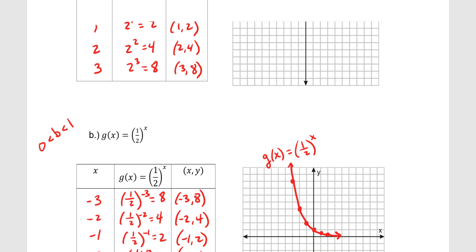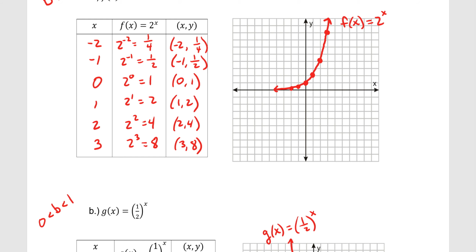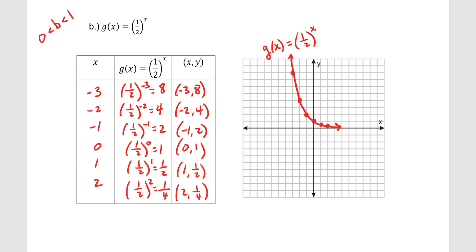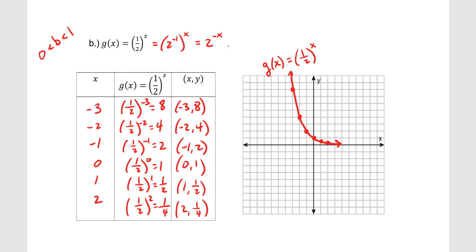And hopefully you can tell it looks like a mirror image over the y-axis compared to the one that we just did. That's because it is. We could rewrite 1/2 to the x as 2 to the -1 to the x, because 2 to the -1 is the same thing as 1/2. Multiply those exponents, that's 2 to the negative x.